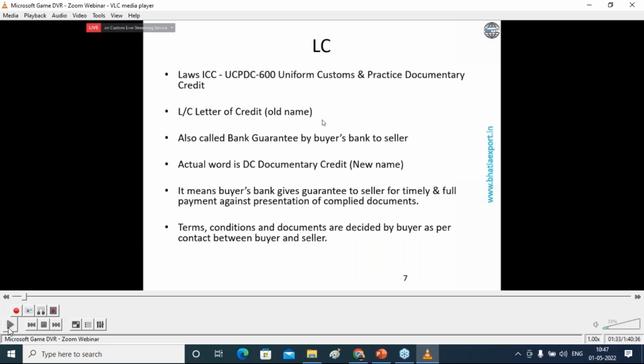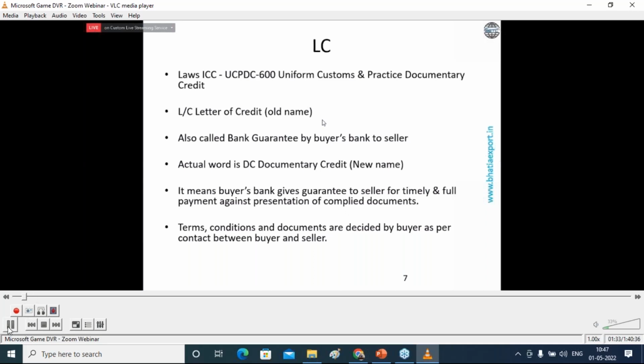But when the transaction happens, the documents you submit must comply with the LC terms only, not the contractual terms. So bankers are not bothered about your contract. They will make the payment only as per the LC terms.